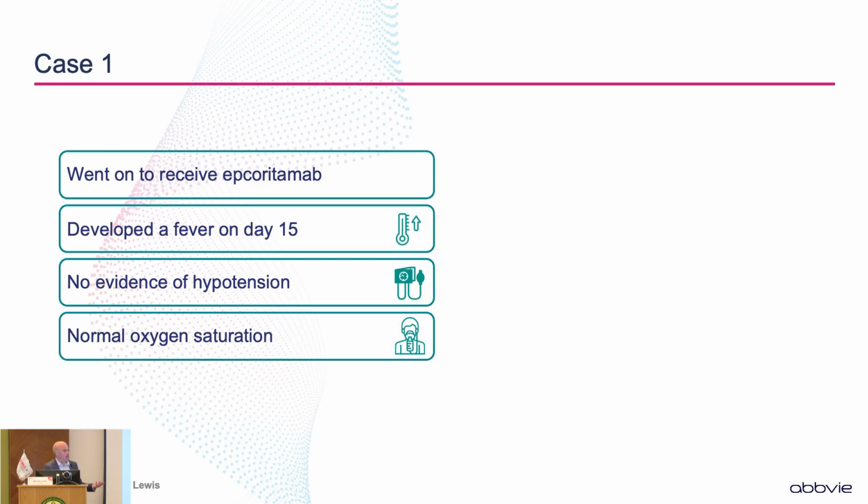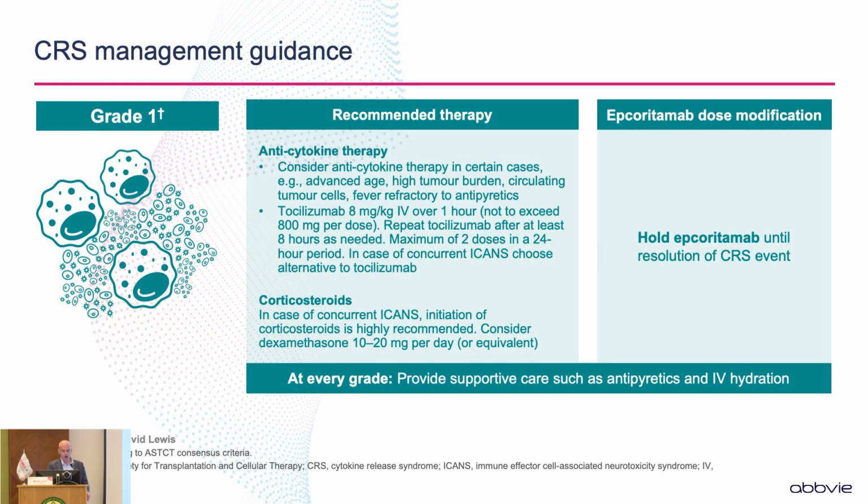I think it would be important to think slightly about other causes of fever, such as infection in this heavily pre-treated patient. But the most likely thing, given the timing of onset of the fever, is cytokine release syndrome. So this is a grade 1 cytokine release syndrome event, and as I said, consider anti-cytokine therapy in certain cases.